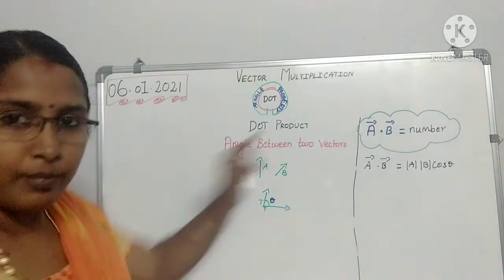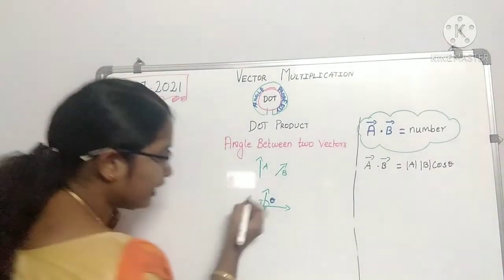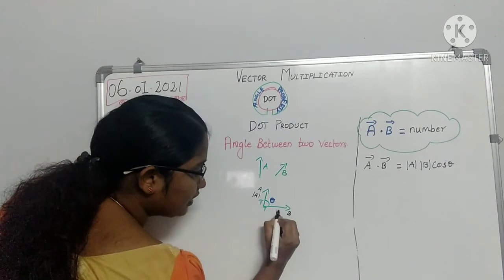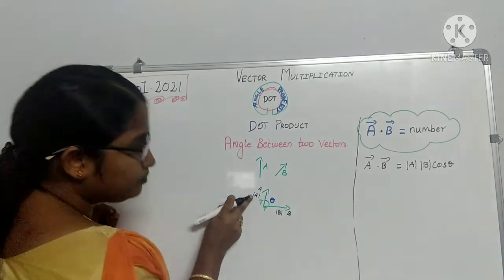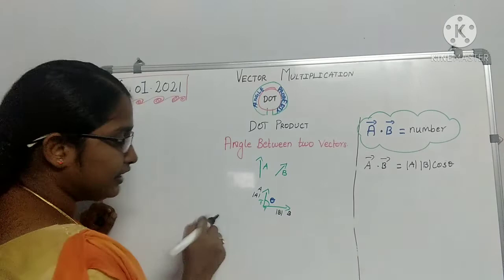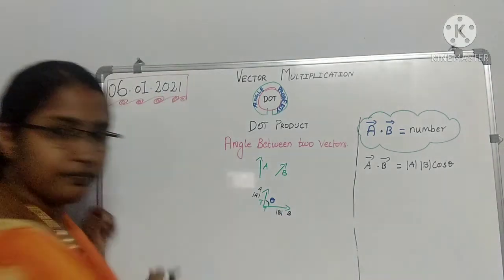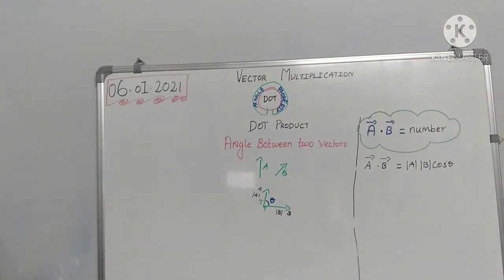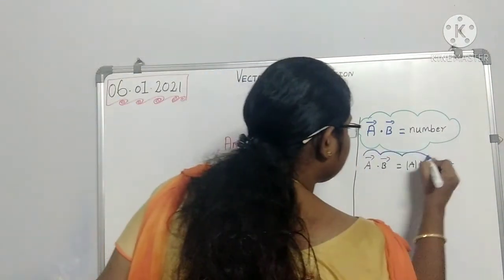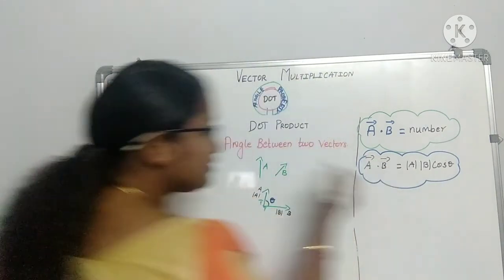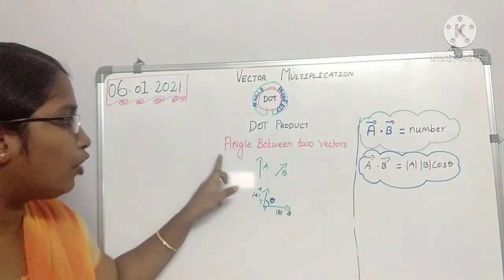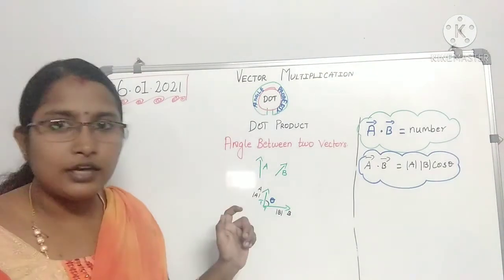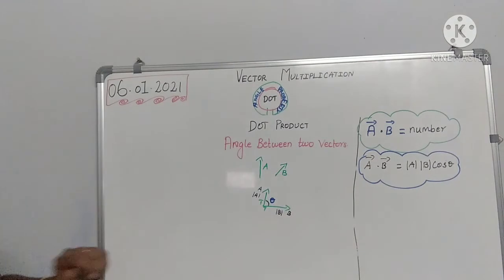Here we will be using the modulus of A vector and the modulus of B vector, and cos theta. This formula can be used to find out the angle between the two vectors using dot product. Understood?